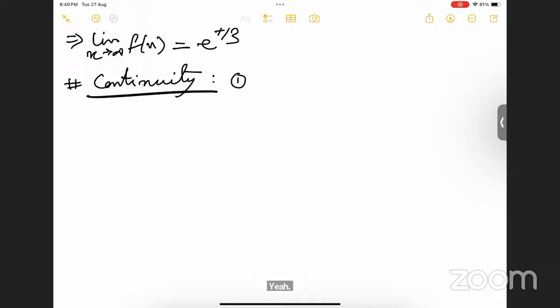But for continuity, is it possible? No, ma'am. So the first condition is that the point should be in the domain of the function. Then only we can comment about continuity of the function at that point.